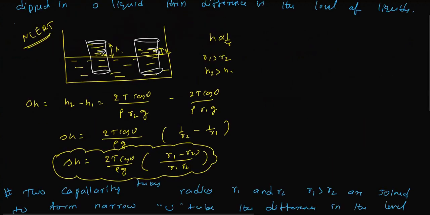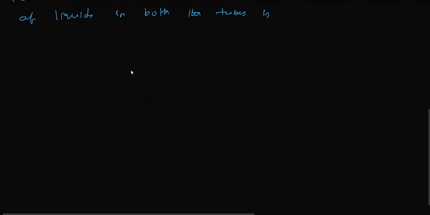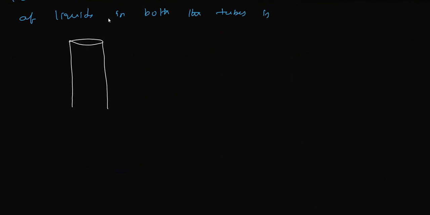Basically they gave two tubes, two capillary tubes they took like this. This is one tube and they want to choose another tube here whose radii are not equal. One should be larger, one should be smaller, like this.